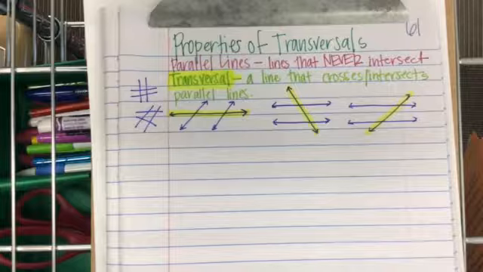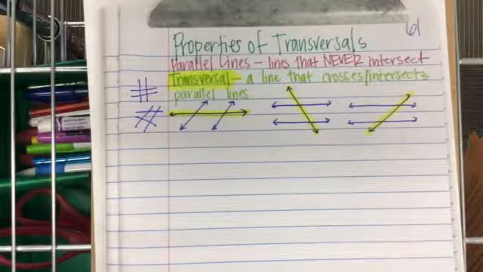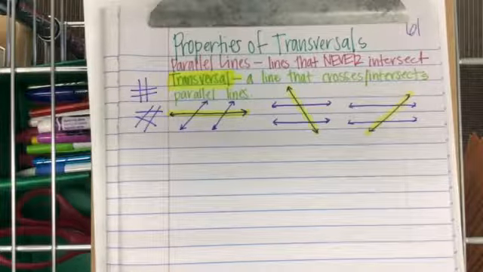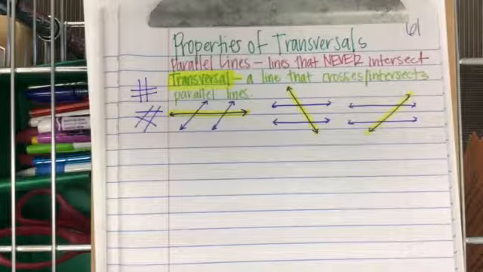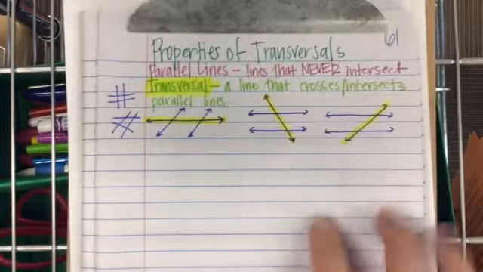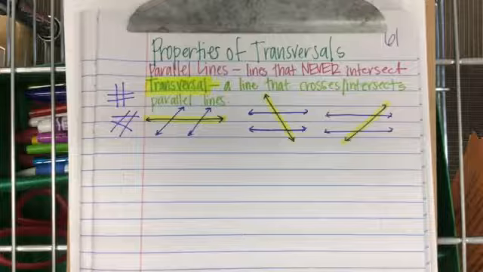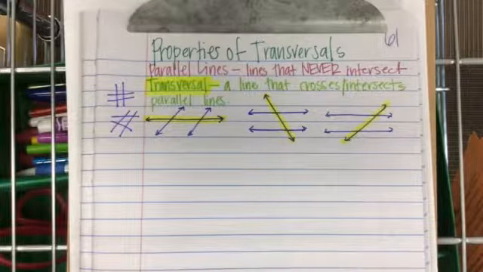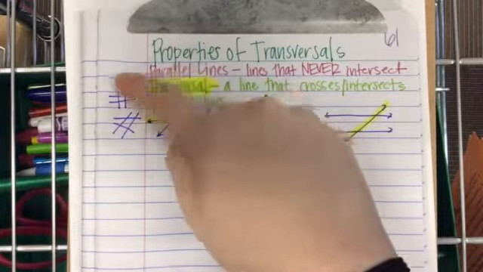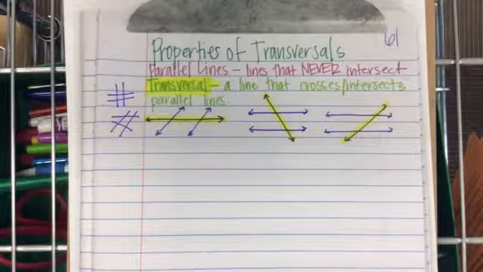In this bottom one, is there a definite answer? There's still two transversals, because the transversal crosses parallel lines, and there are two lines that cross parallel lines. But it's different because up here, everything was a transversal. Down here, there's only two transversals.